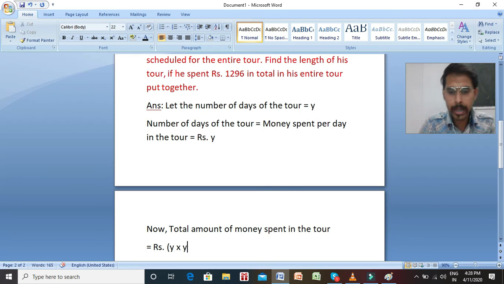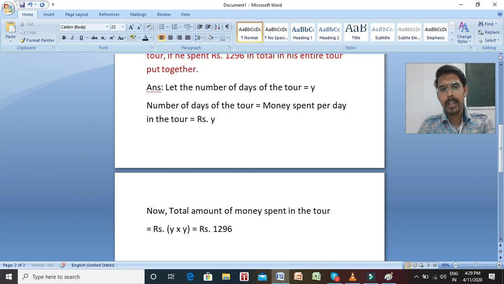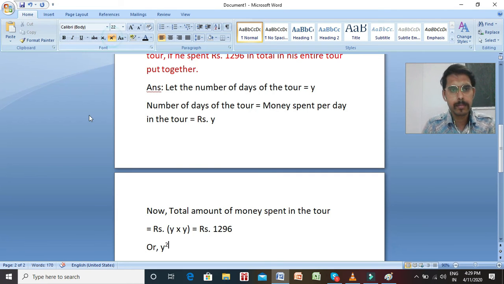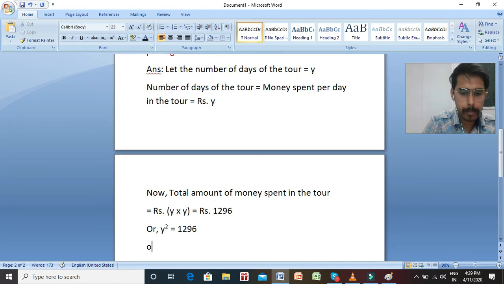So y into y will give me the total amount, which is equal to rupees 1296. Or we can write y square equals 1296.